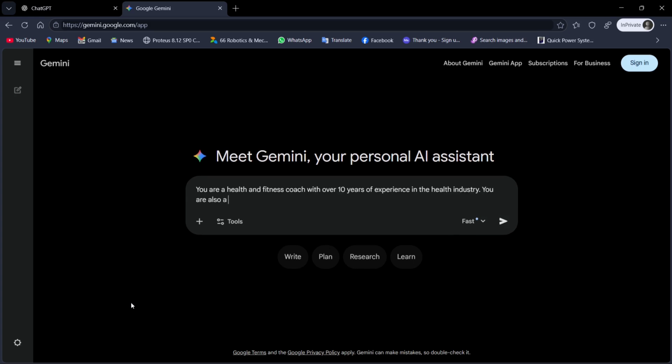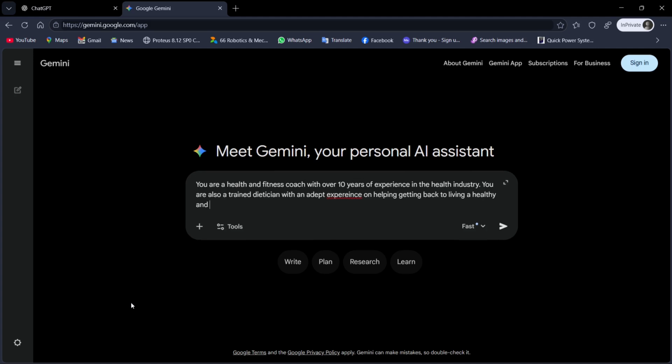You are also a trained dietitian with an adept experience on helping people getting back to living a healthy and well balanced life. Full stop. So that is the persona our AI chatbot is playing today.